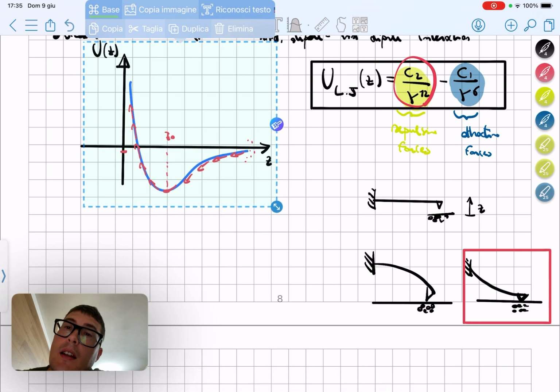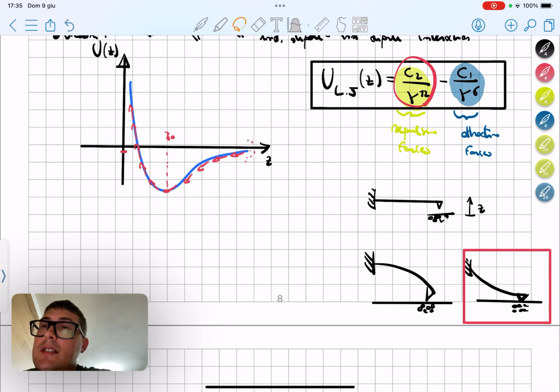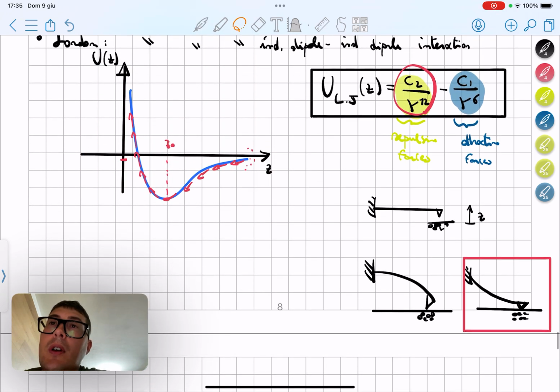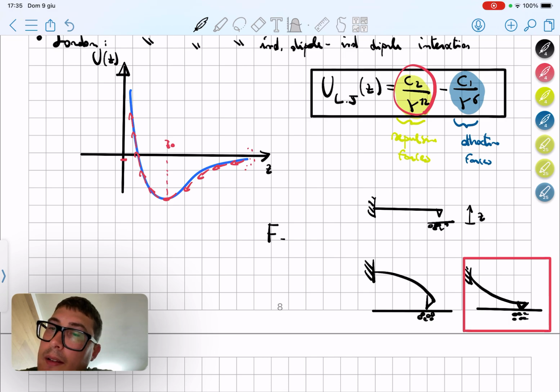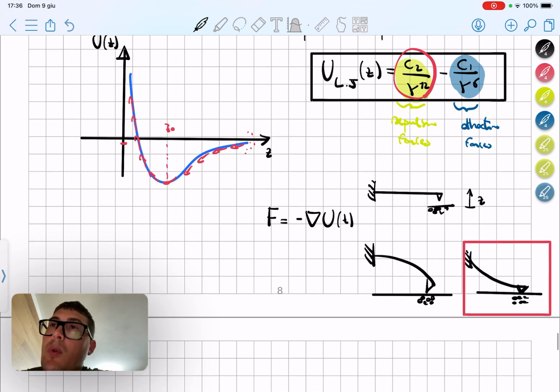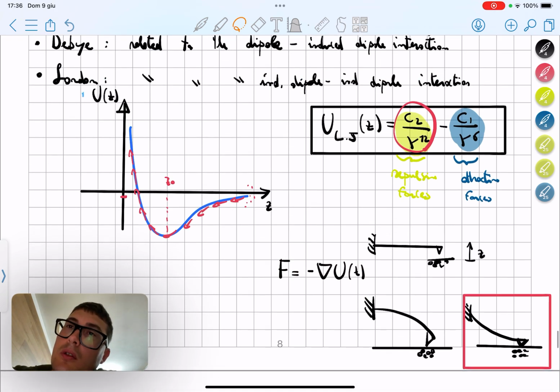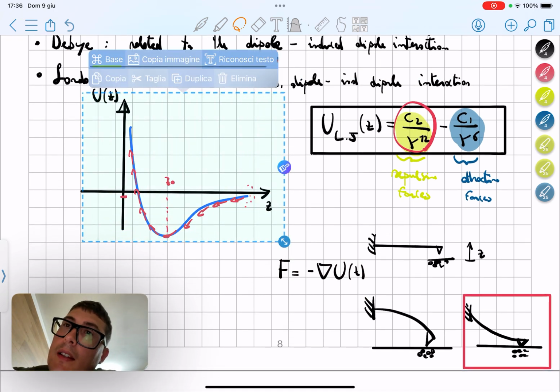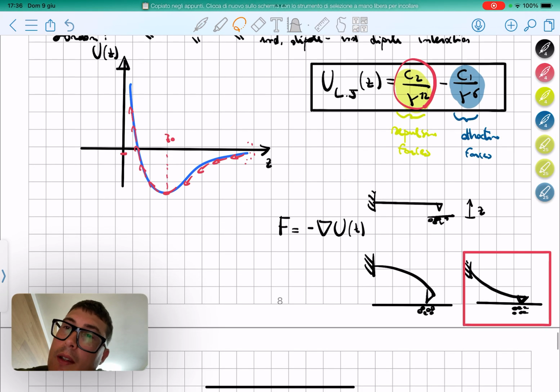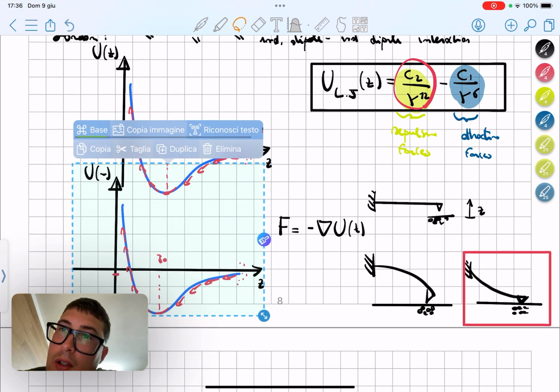We can also see it in a different way, because there is more, as I promised you. The fact that this is a potential allows us to think in terms of forces as minus the gradient of such potential. So if we want to plot directly the forces instead of the potential, we can do it.